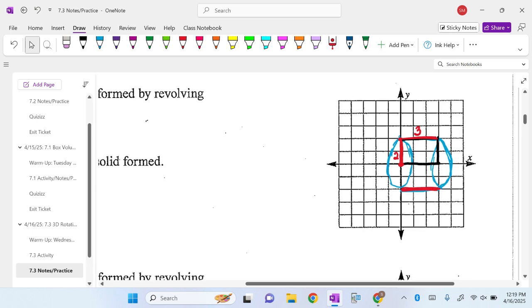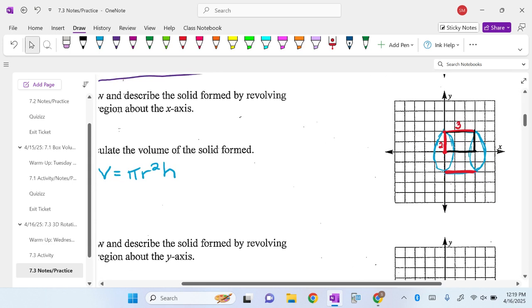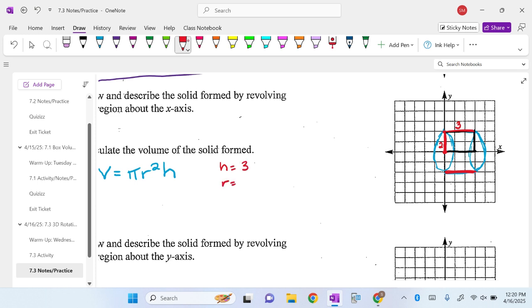And then the cylinder it makes has a radius of 2, height of 3. So H is 3, R is 2. And then I'm just going to put it into the formula. So I have V is equal to 2 squared times 3 times pi. I want to slap pi on at the end.